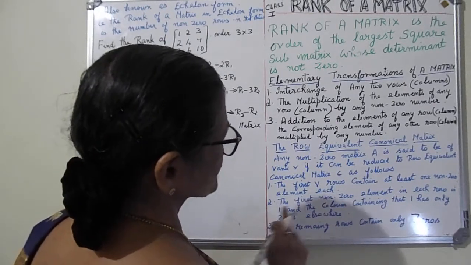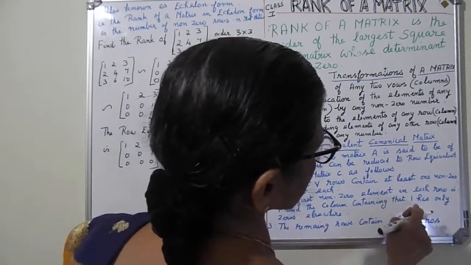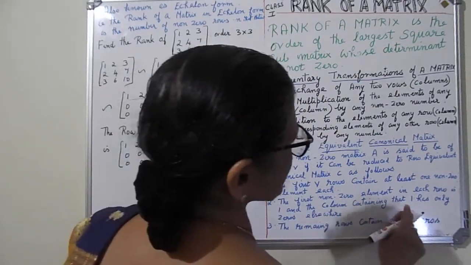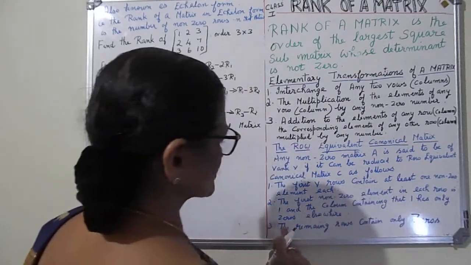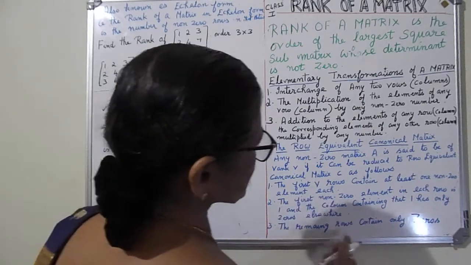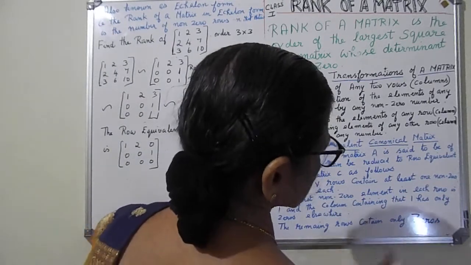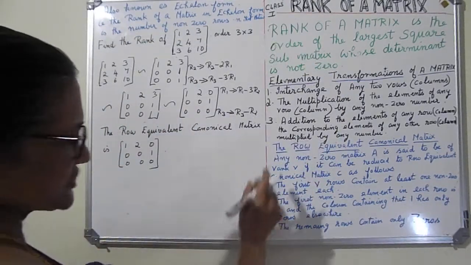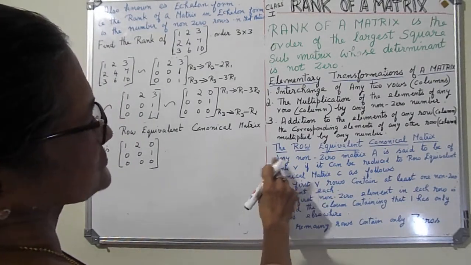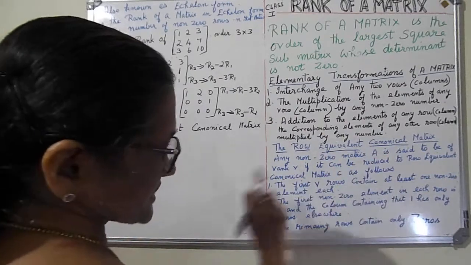Number 2, the first non-zero element in each row is 1 and the column containing that 1 has only zeros elsewhere. Number 3, the remaining rows contain only zeros. If these three conditions are satisfied, the matrix is called the row equivalent canonical matrix.